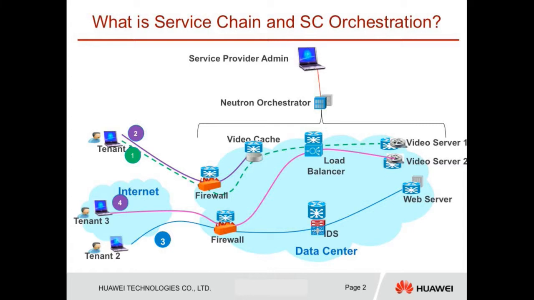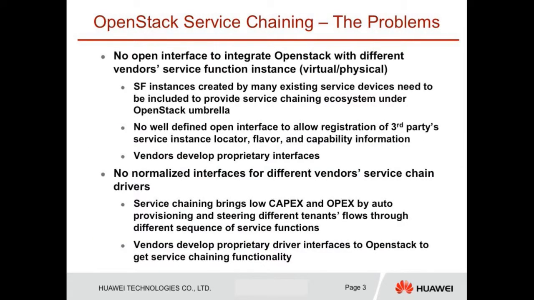In the picture, different tenants' flows go through different paths of service function instances. Currently, there's an OpenStack service chaining project being developed in the StackForge branch.